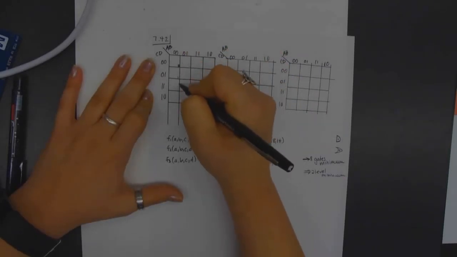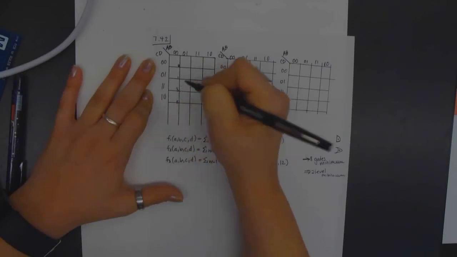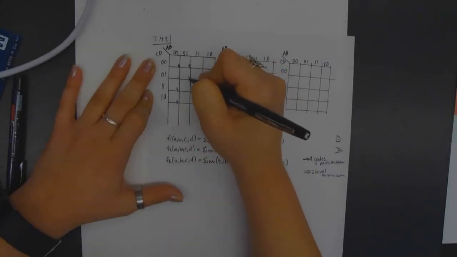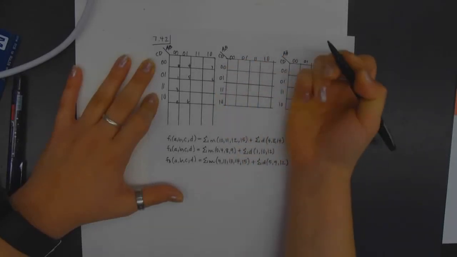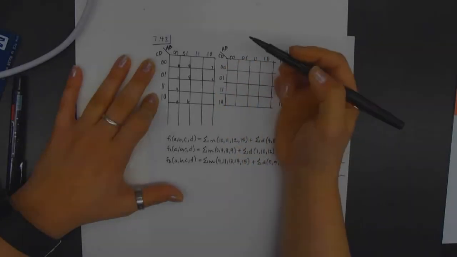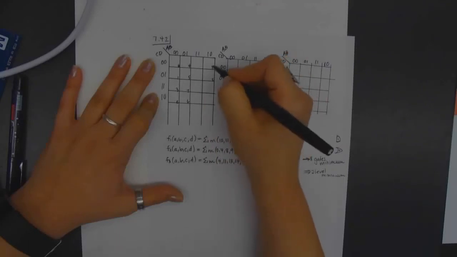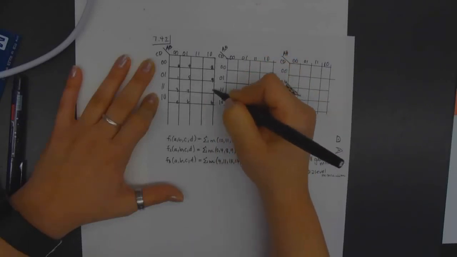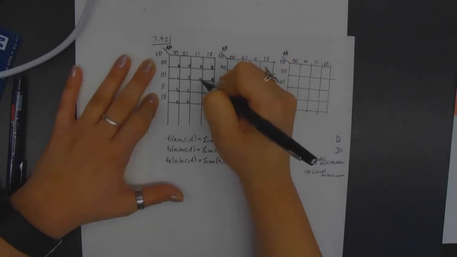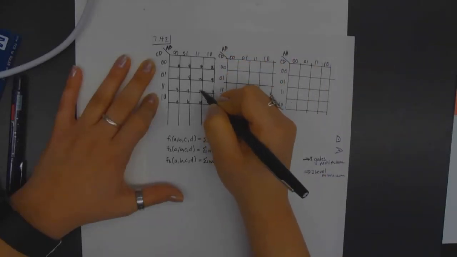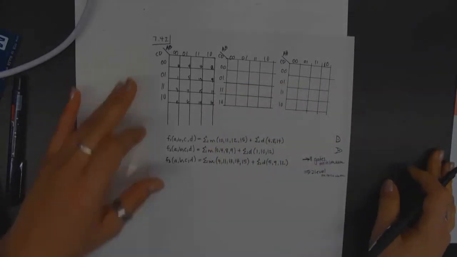It starts at 0, 1, 2, 3, 4, 5, 6, 7. Well, no, the 7's on top of 6. Oh, you're right. Sorry. 8, 9, 10, 11, 12, 13, 14, and 15. Cool. I'm only going to do that for 1.